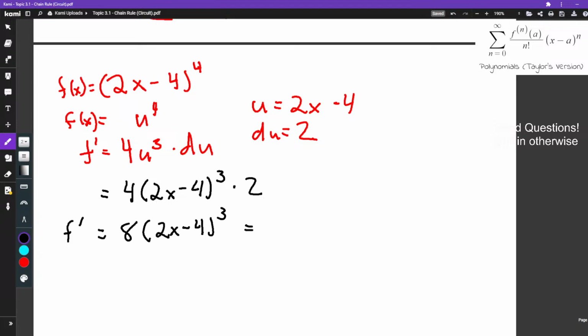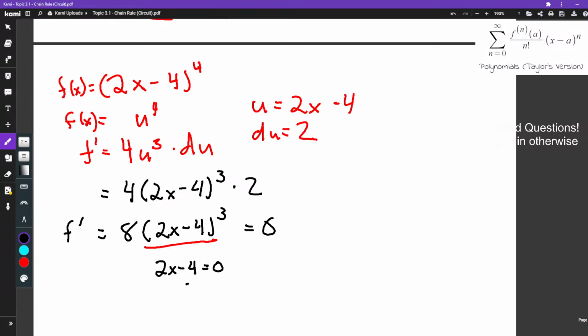So we just set this equal to 0. Once we set that equal to 0, we will get an answer. So the only way that this can equal 0 is if the only term in here is equal to 0. So that's 2x minus 4 is equal to 0.